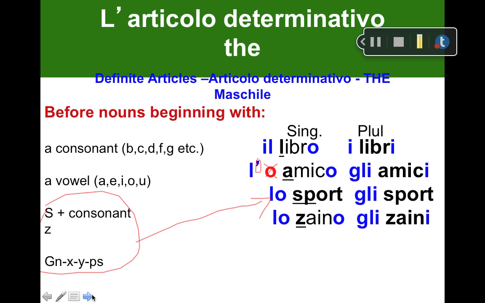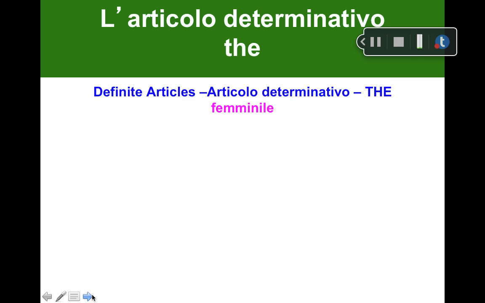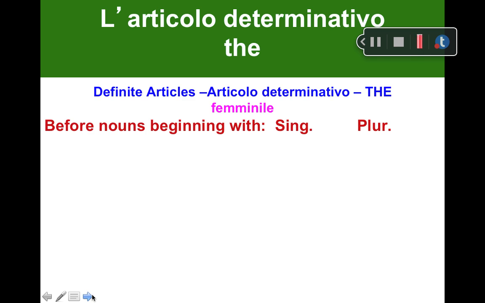So I have lo sport, lo zaino, gli zaini, lo gnocco, gli gnocchi, lo xilofono, gli xilofoni. There are many words with X and Y, obviously; the majority are of foreign origin. Now let's look at the feminine.